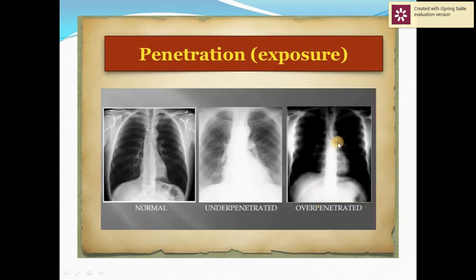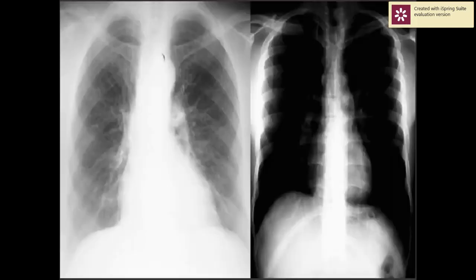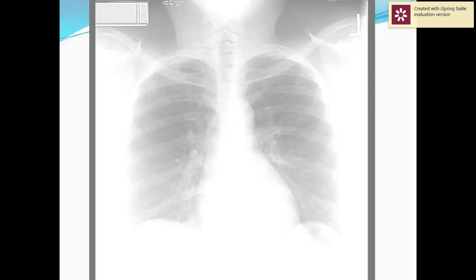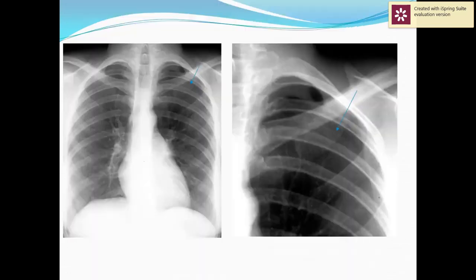In over penetration there is a black jet appearance, and in under penetration we were not able to check for any abnormality or the pulmonary vascular structure. This is also a lateral chest X-ray. This is under penetration and this is high, and we will not be able to detect even the pneumothorax.